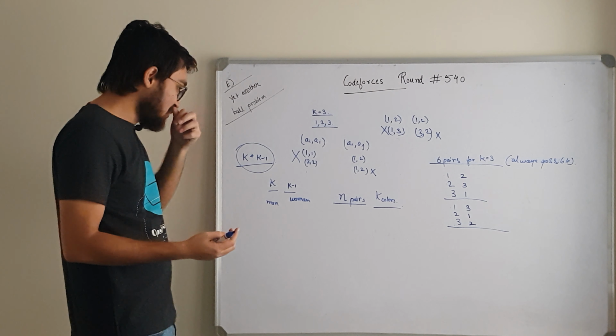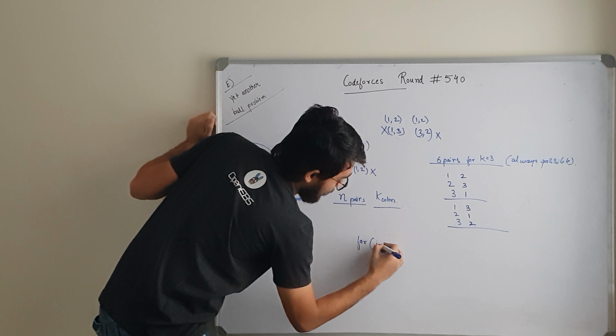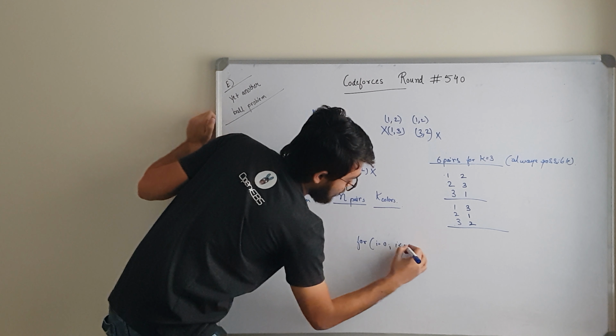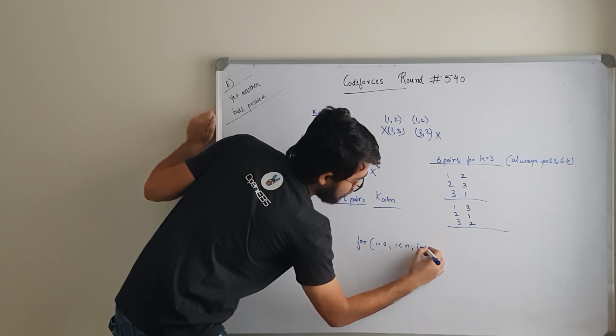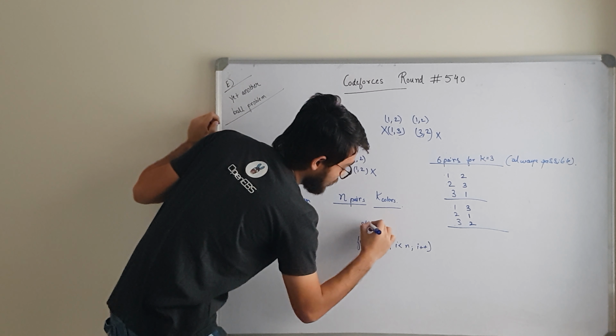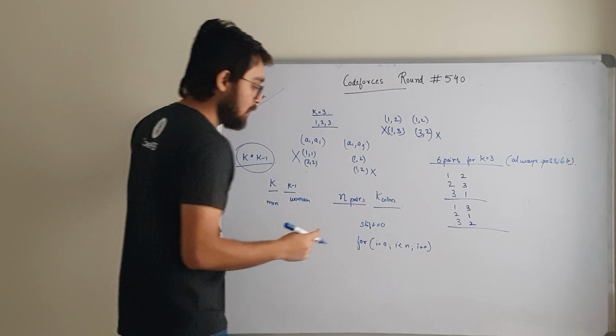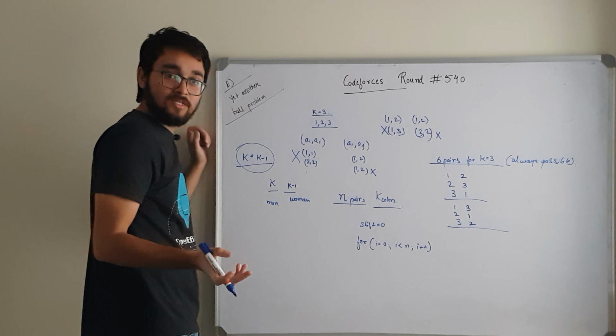One of the ways to code this is, you can simply run a loop for i equals 0, i less than n, i plus plus, and you have a shift variable, say shift, which is initially assigned 0. Now how will this shift change?